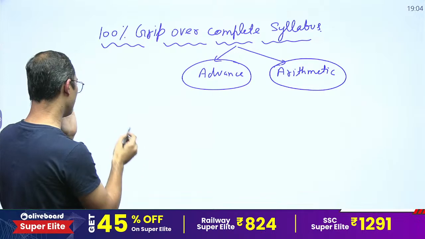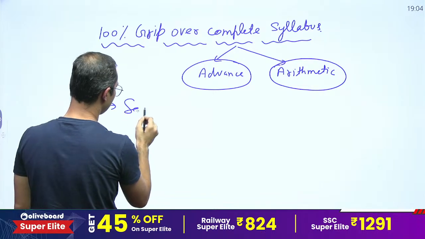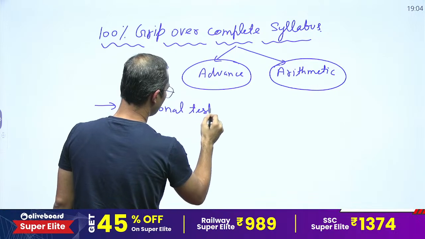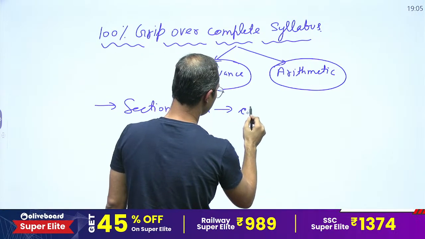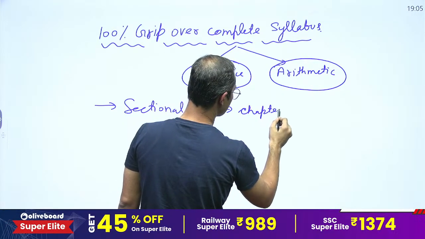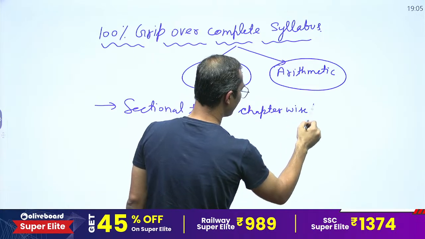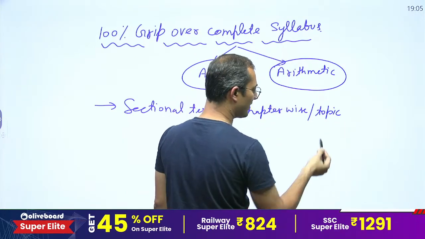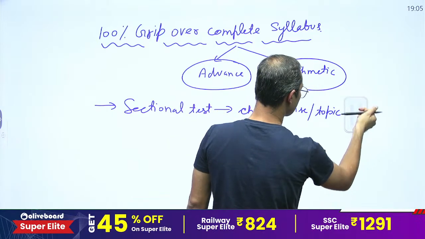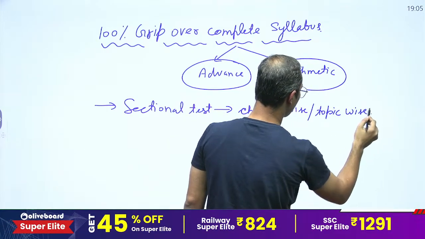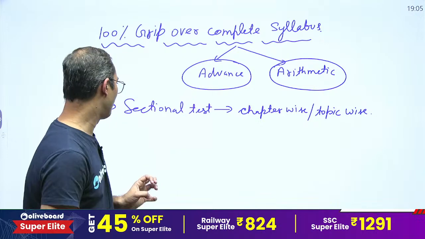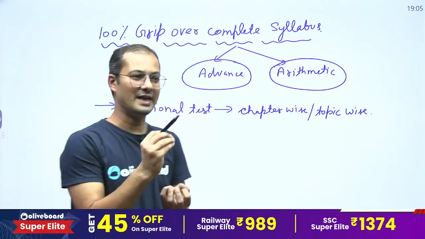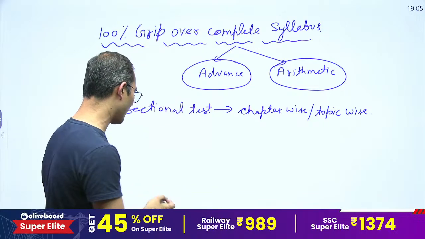For this you must take some sectional tests, which are based chapter wise, or we can say topic wise if the chapter is big. So you can practice. After taking sectional tests, chapter wise or topic tests, you can identify your weak areas and strong areas, right?